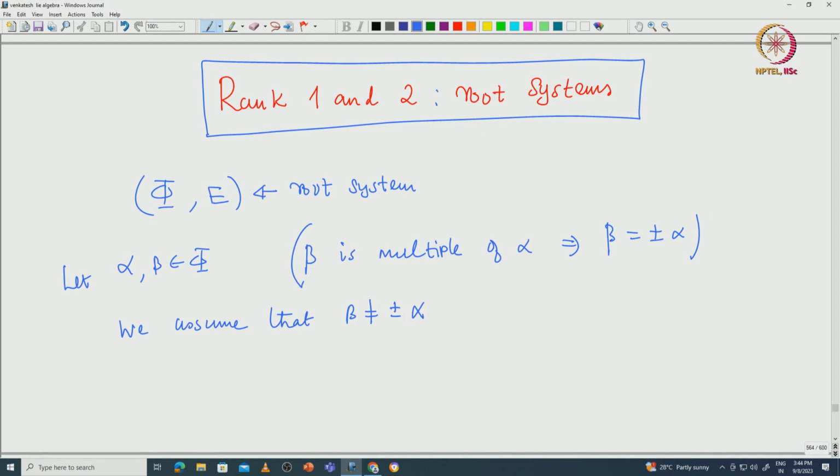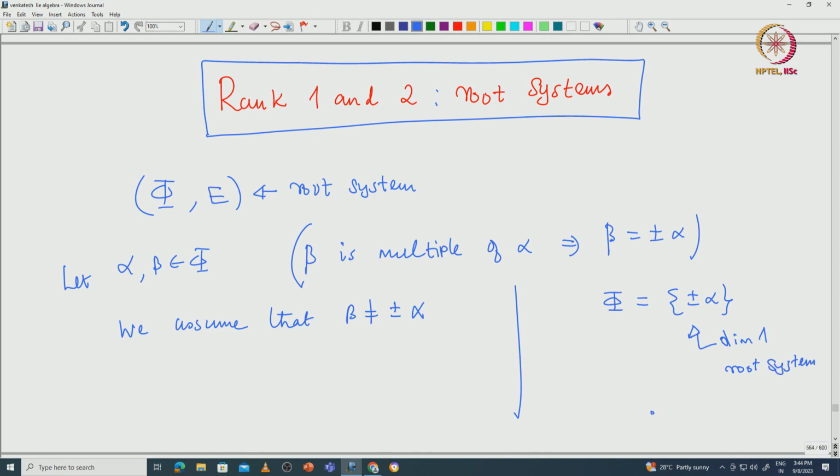What happens if we do not have anything like that? Then all the elements of Φ must be multiples of each other. In that case, using the axioms of Φ, we must have Φ equal to plus or minus α, nothing else. That means this is the only dimension 1 root system.